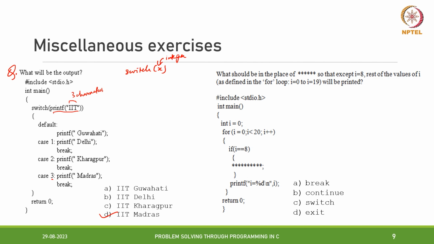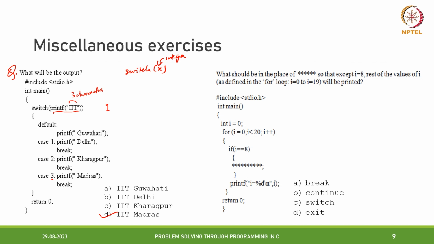But sir, why is IIT also printed? Yes, because it's a print statement. The first thing it will do is print, but at the same time it will give an output which is the number of characters it is printing, which we usually ignore. But here the question particularly asks because you have put it inside the switch statement.